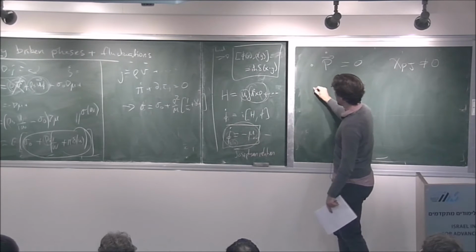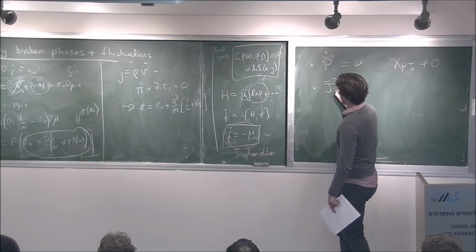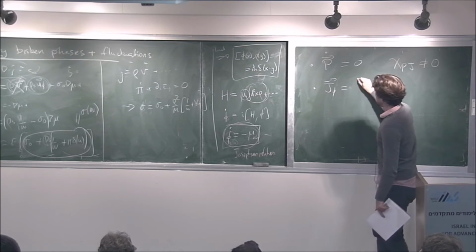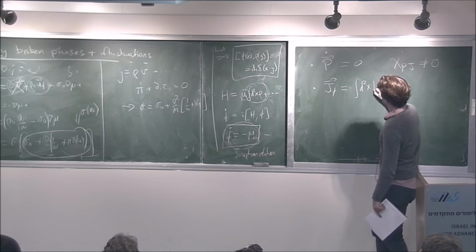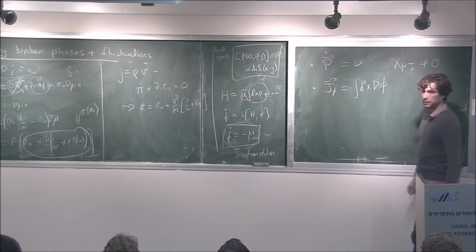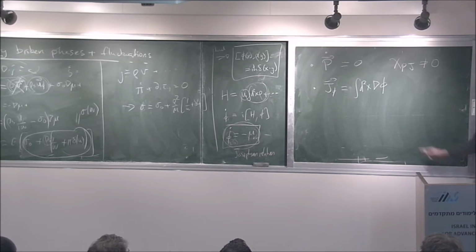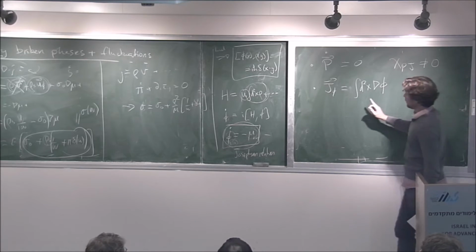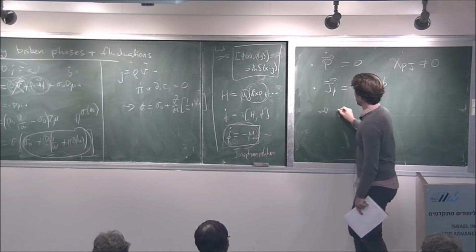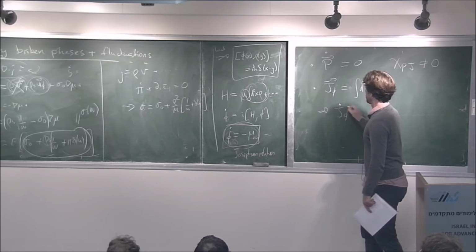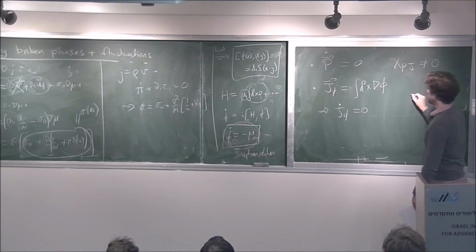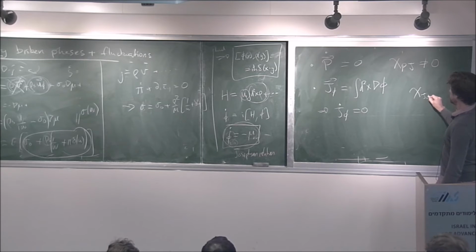The conserved operator here is the supercurrent, which is the gradient of the phase. This operator is also conserved, and it overlaps with the current.